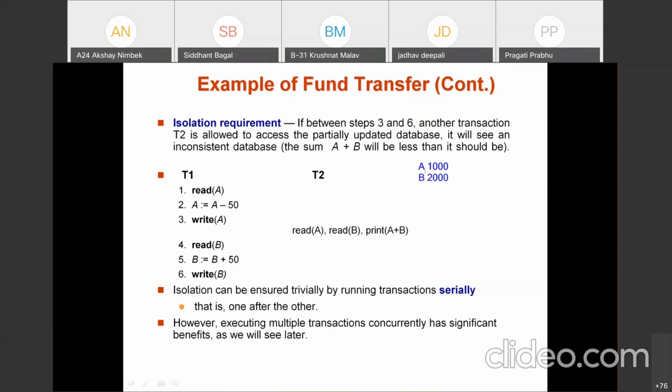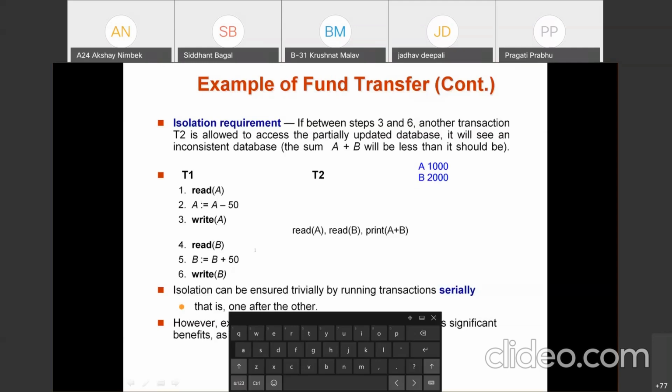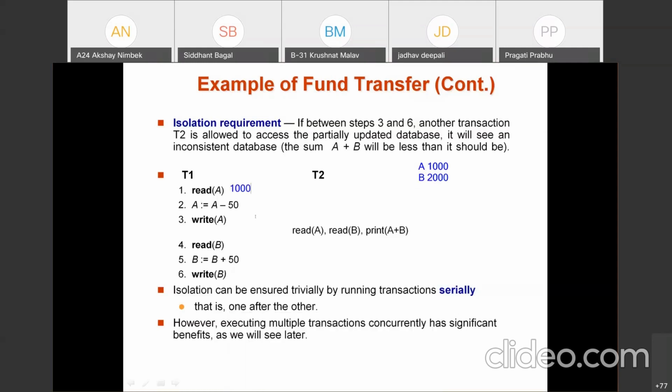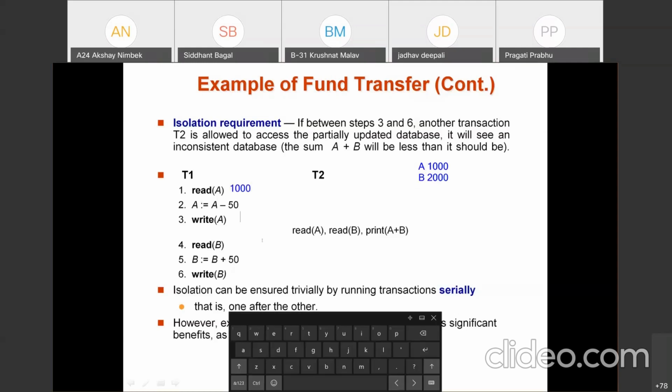When we start the transaction T1, it reads the value of A, that is 1000, and then subtracts 50, so it becomes 950.